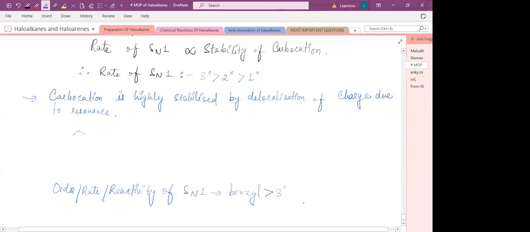After that 3 degree, just remember. After that, sometimes 3 degree and allylic halide, sometimes both. In some conditions, 3-degree carbocation is more stable than allylic structure, or mostly both are equal, right? Order could be equal. So allylic halide, then your 2 degree, then 1 degree. Just remember this sequence. This is very important.